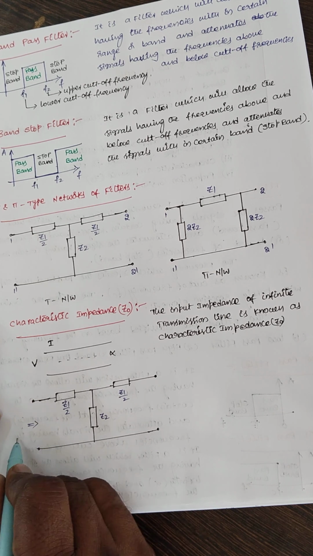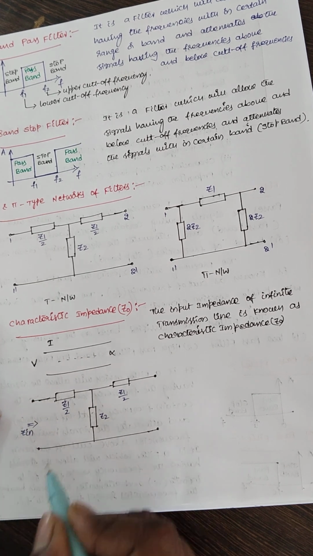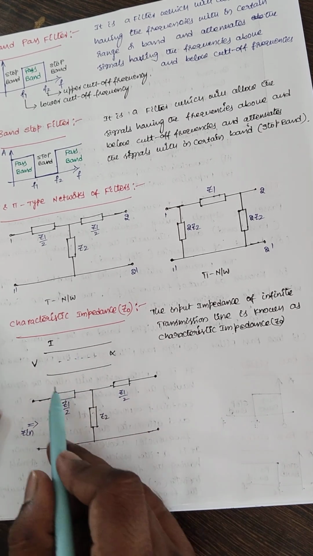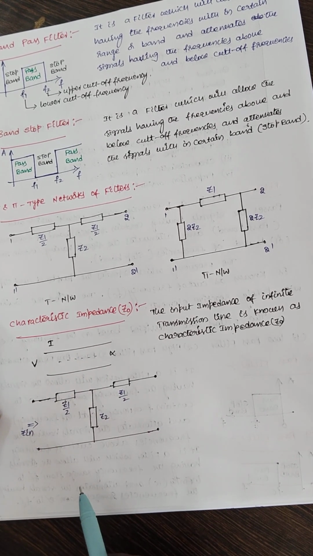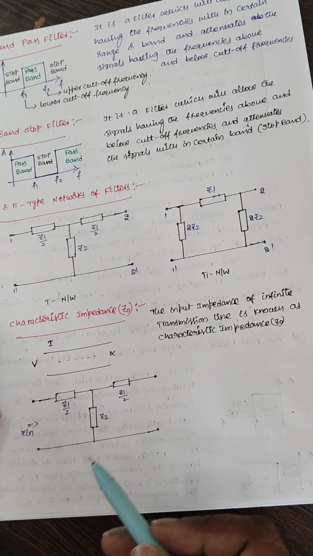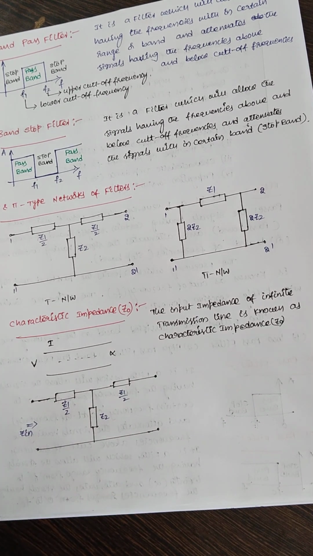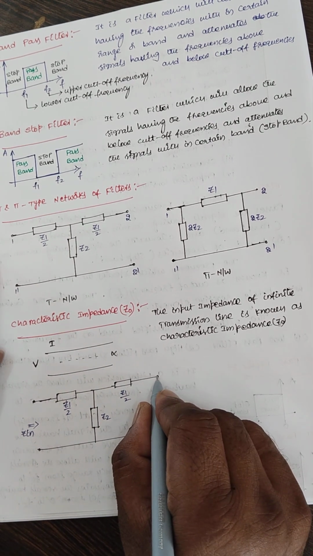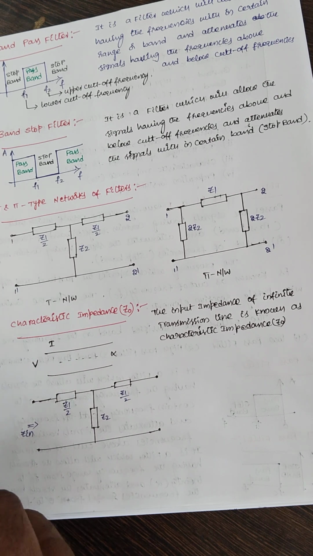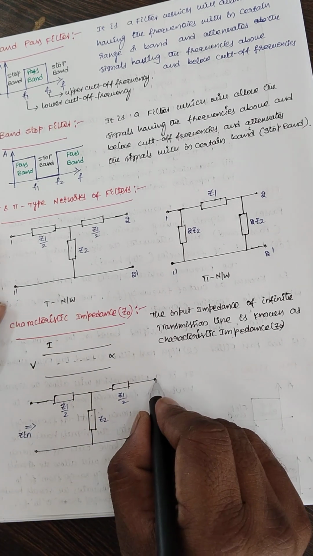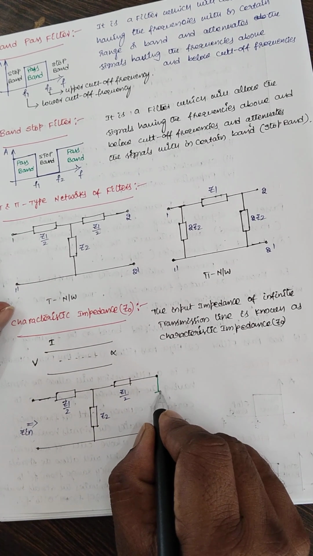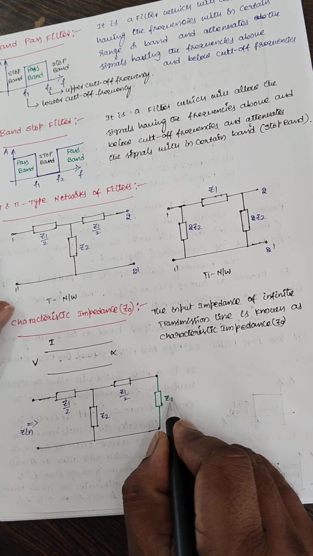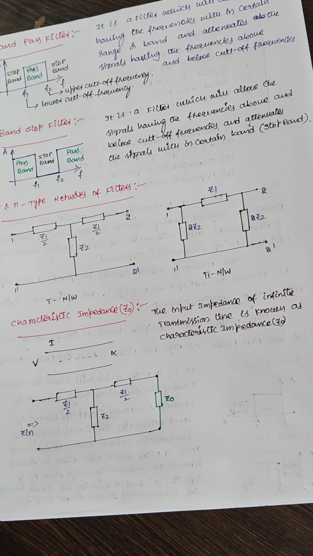So let us consider this input impedance is Zin here, and we can make this transmission line an infinite length transmission line by terminating it with the impedance having this characteristic impedance.